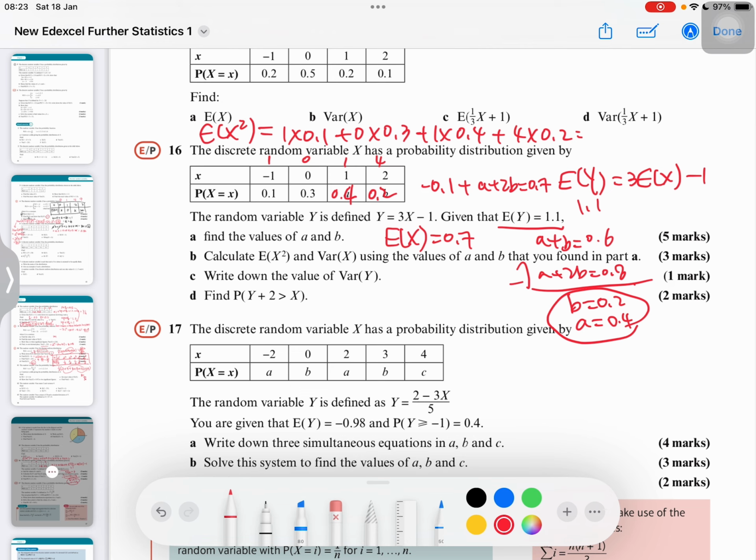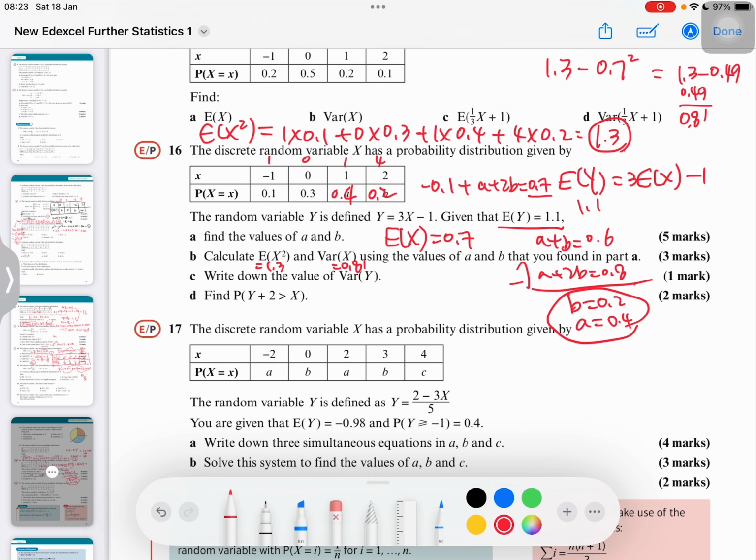So 0.5, 1.3. This is 1.3, and for the variance we need to subtract the square of 0.7. So 1.3 minus 0.7 squared, 1.3 minus 0.49, 0.81.